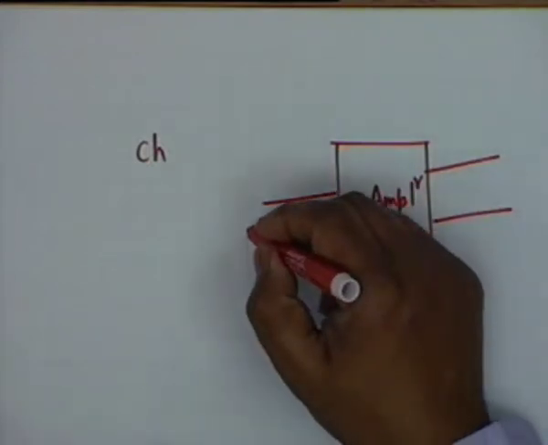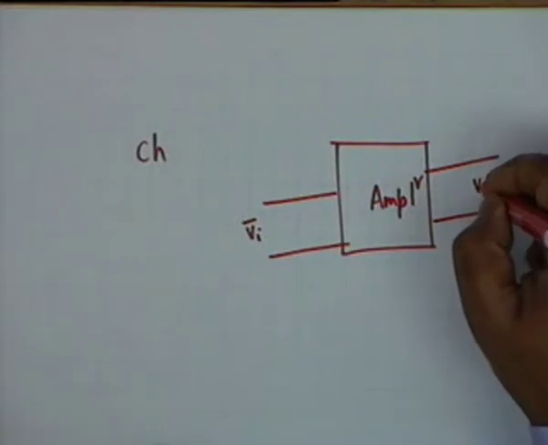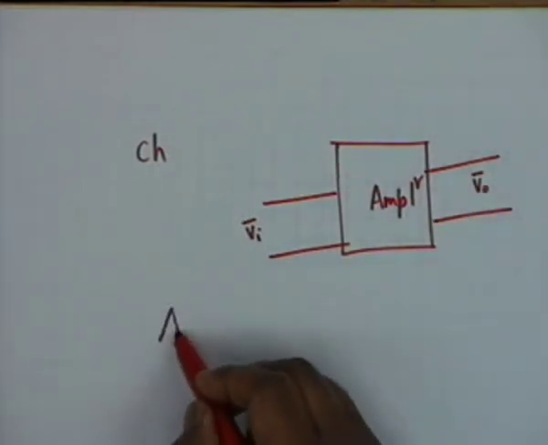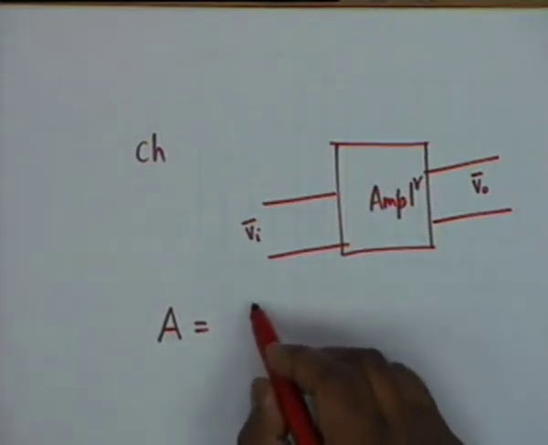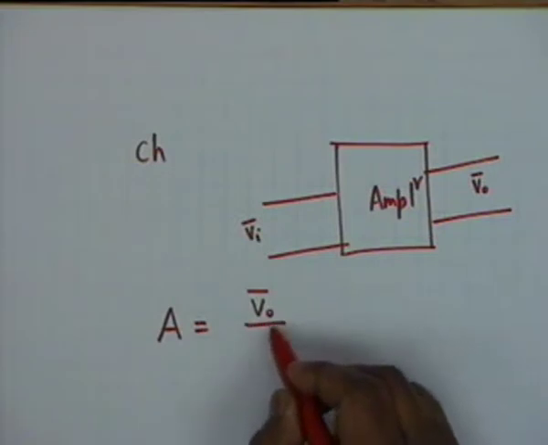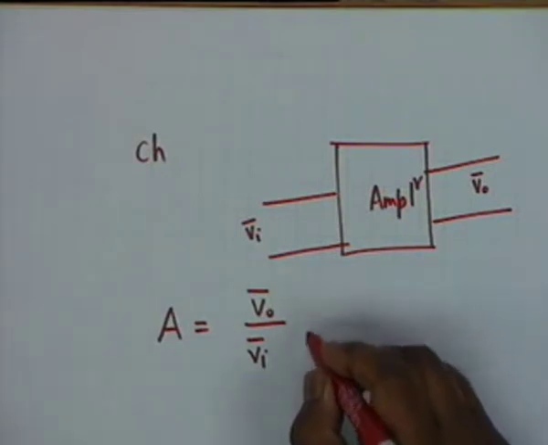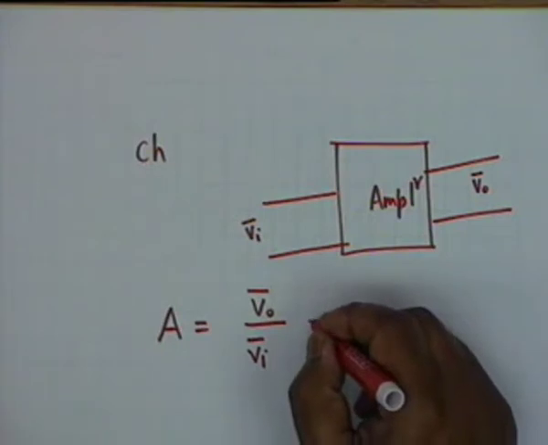Let's say that the input phasor is Vi and the output phasor is Vo. All right, then the gain or amplification of the amplifier is denoted by A, the ratio of the output phasor to the input phasor. Obviously, this would be a complex quantity.